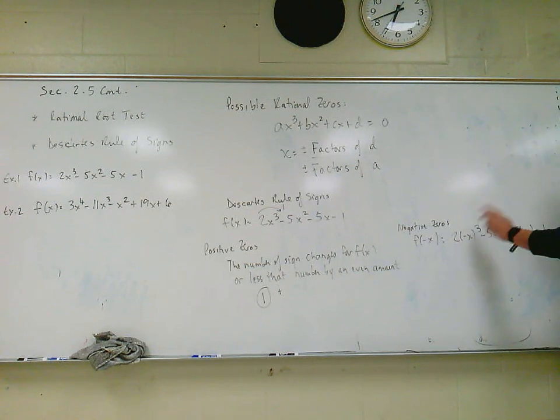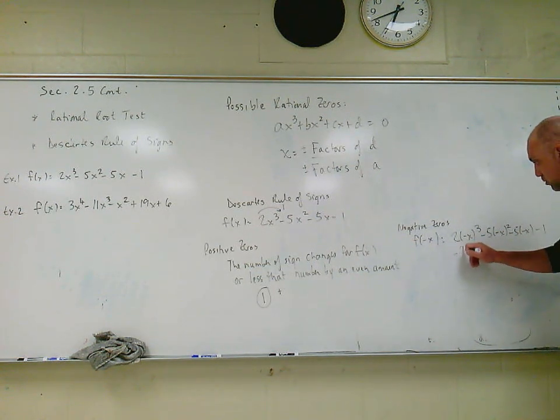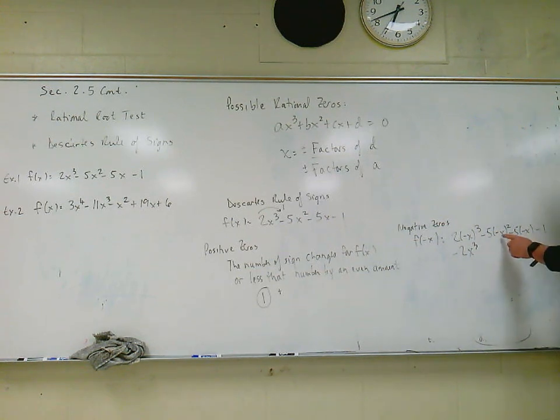Does it stay negative or does it turn positive? It stays negative. So this is going to become negative 2x cubed. Here, when I plug in negative x for squared, it's going to become positive. So this stays negative 5x squared. A negative 5 times negative x is positive 5x, and then of course the minus 1 at the end. So how many sign changes do you see?